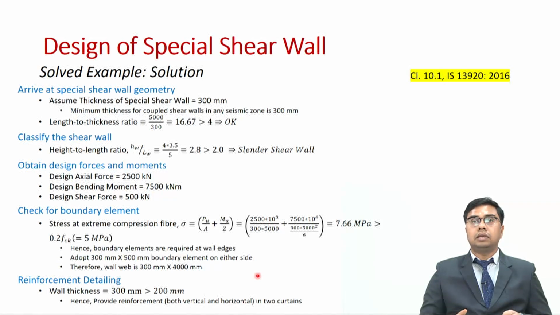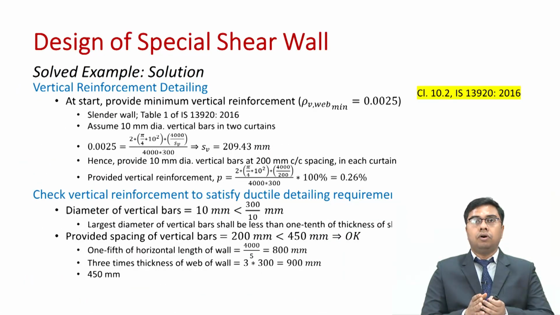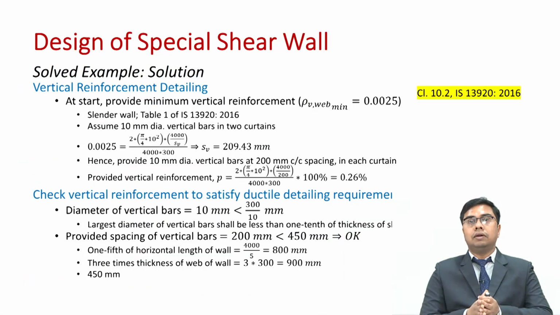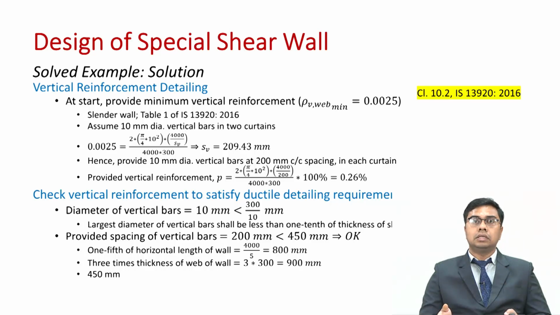Let us now get into the reinforcement detailing. So, first of all, we will look into the vertical reinforcement detailing. For the vertical reinforcement detailing, we will start by providing the minimum vertical reinforcement. Now, as per Table 1 of the code, we have the minimum reinforcement in various directions given in IS 13920.